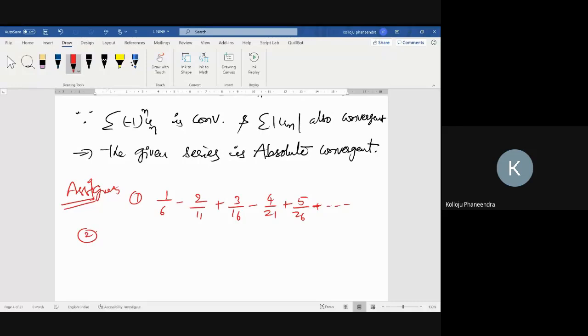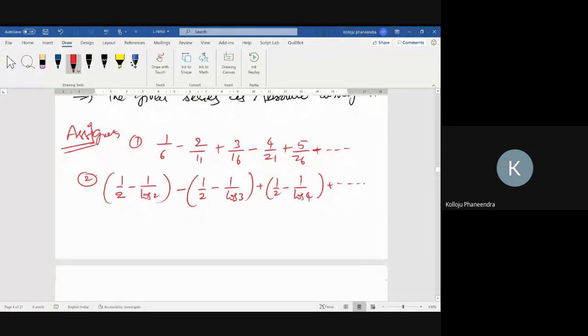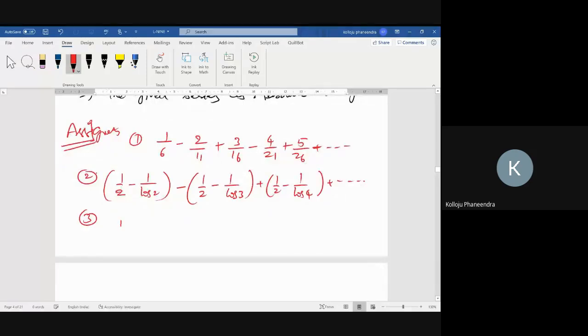Second one, 1/2 minus 1/log2 minus 1/2 minus 1/log3 plus 1/2 minus 1/log4 and so on. Third one, 1 minus 1/5 plus 1/9 minus 1/13 and so on.